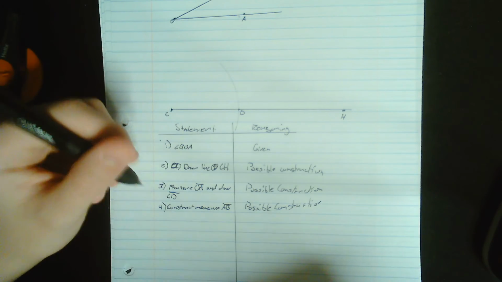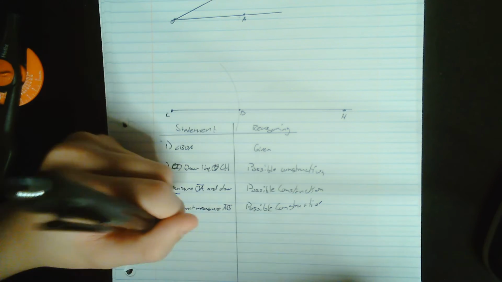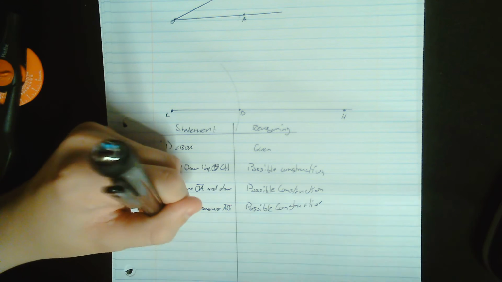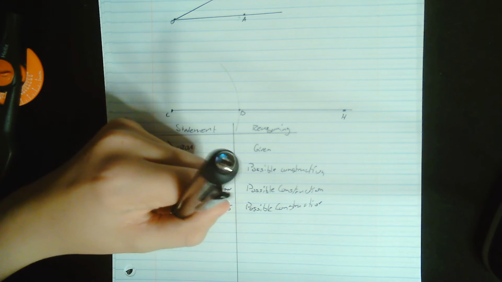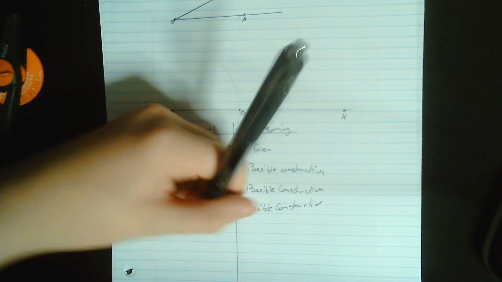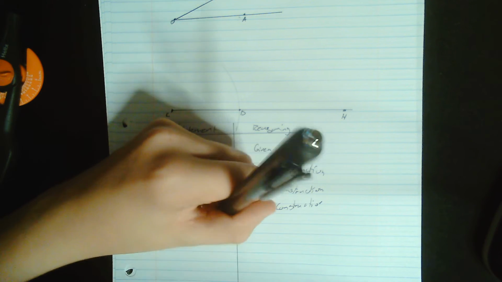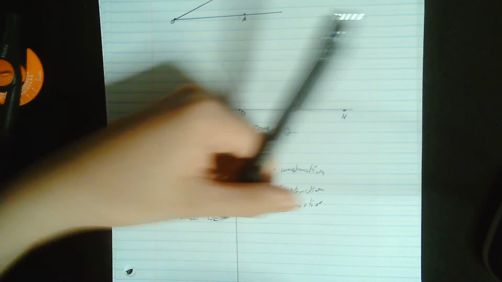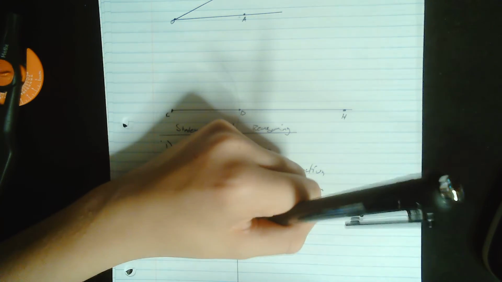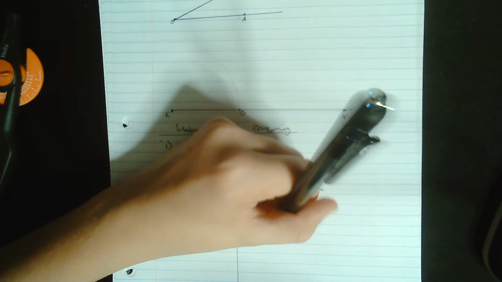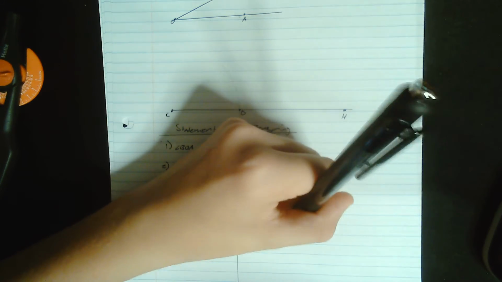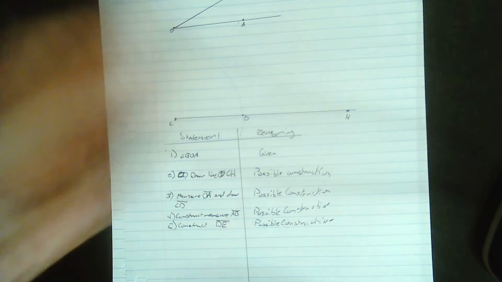Next, we're going to construct segment DE. So, construct line segment DE. And, again, by possible construction. Most of these are going to be possible construction, which I've already kind of shown.